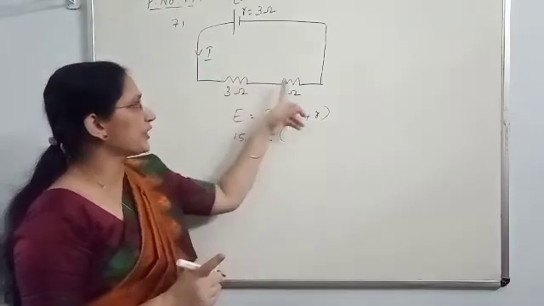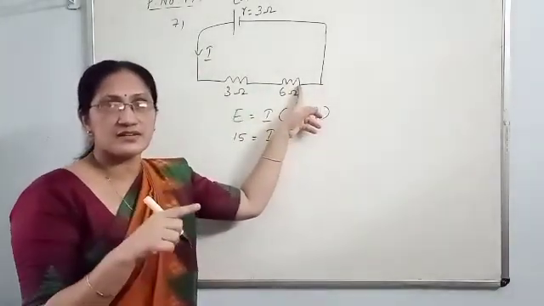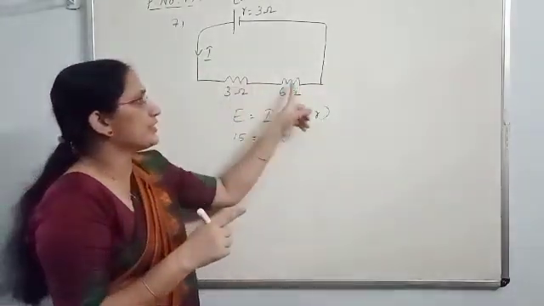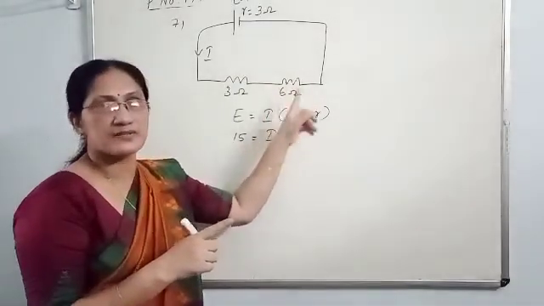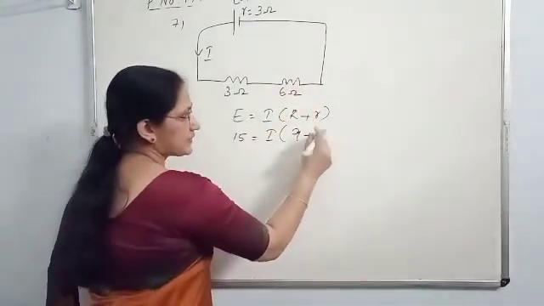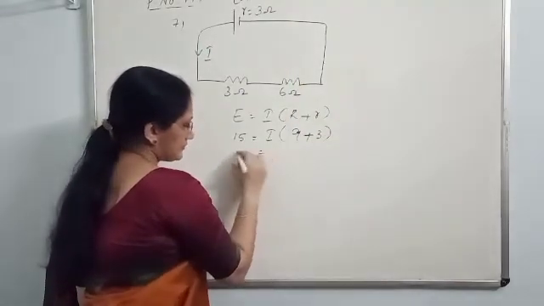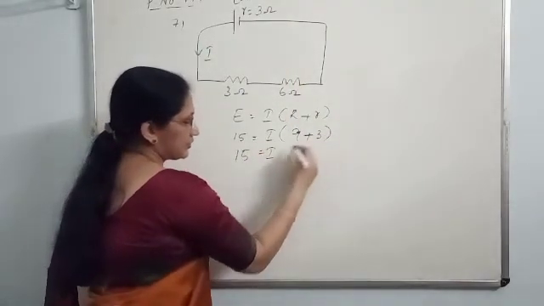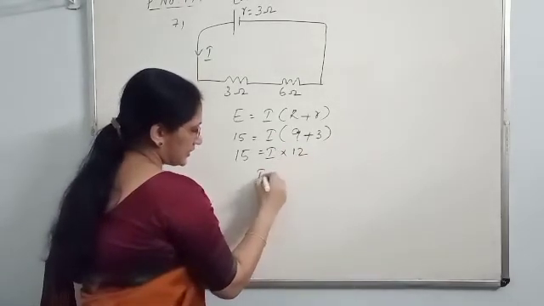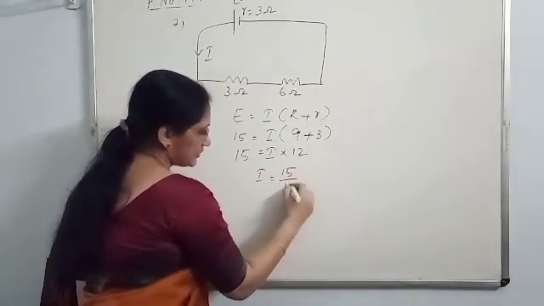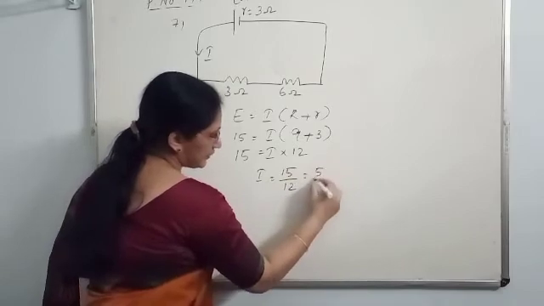Here there are two external resistances in series. So the total external resistance is 3 plus 6, 9 ohm, plus internal resistance is 3. That is 15 is equal to I into (9 plus 3), 12. So I is equal to 15 by 12. That is 5 by 4.